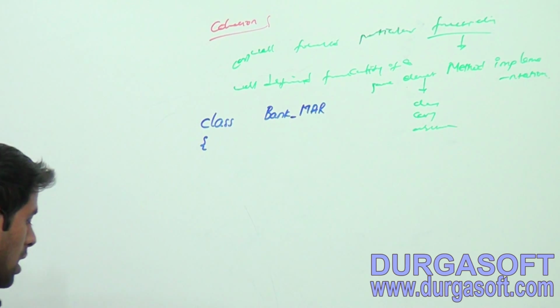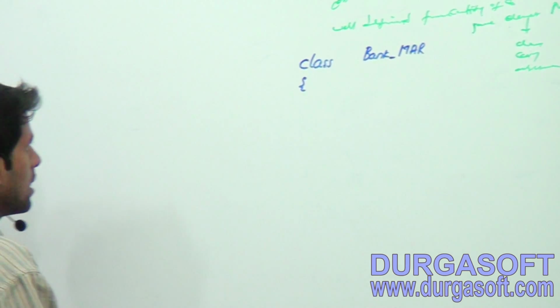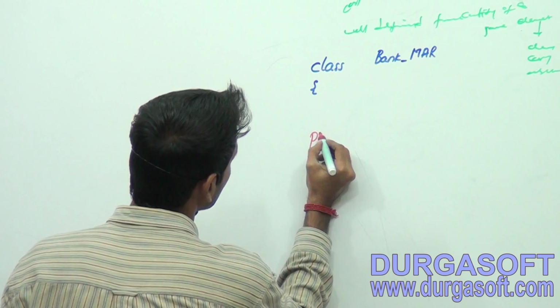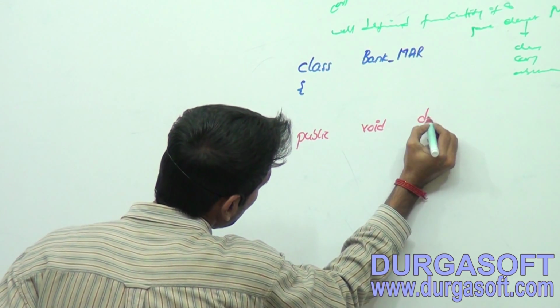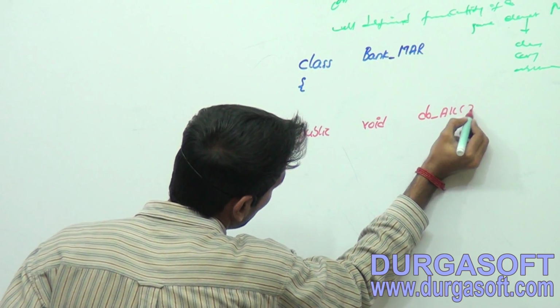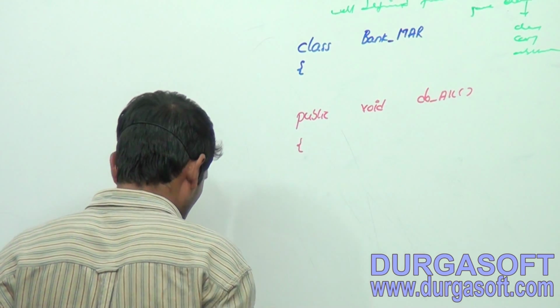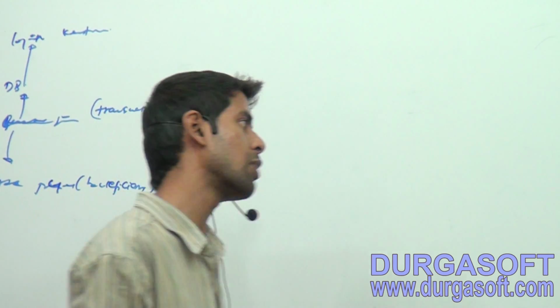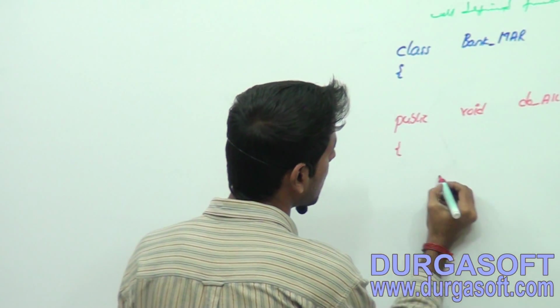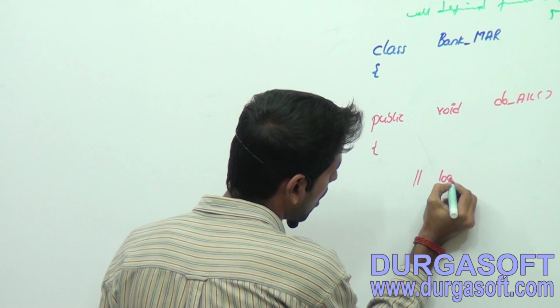Now just take one method, public void doAll. Now observe what I am going to do. First I will perform the logic related to login.